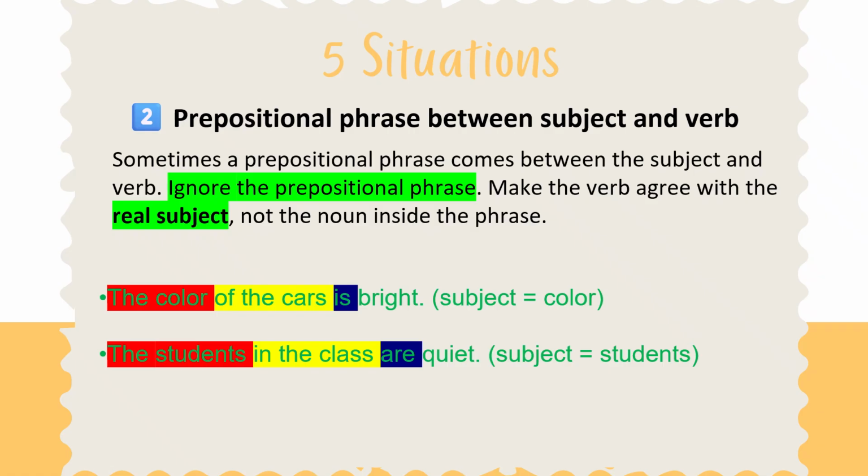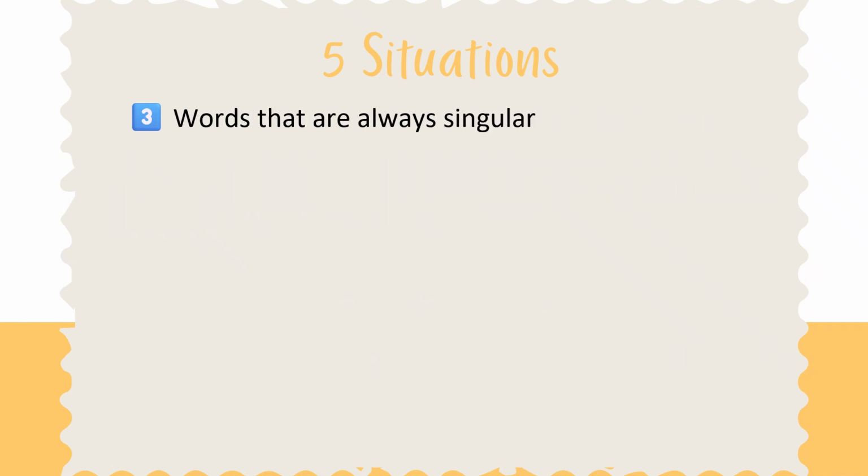The students is the real subject. In the class, the prepositional phrase, is to modify the subject. So the subject is plural. So for the verb be, we should use the plural form of be, which is are here.